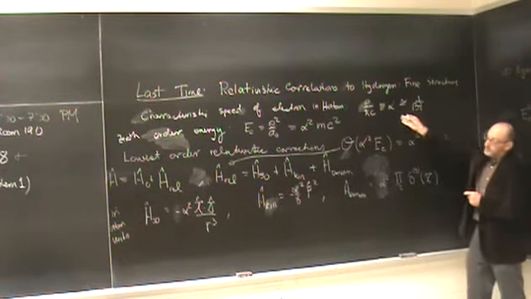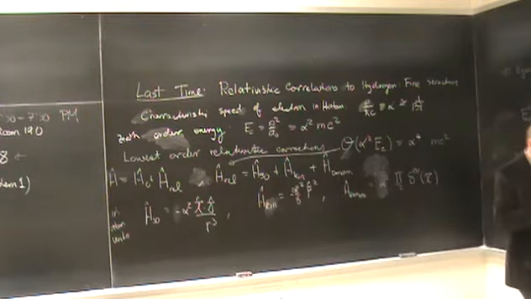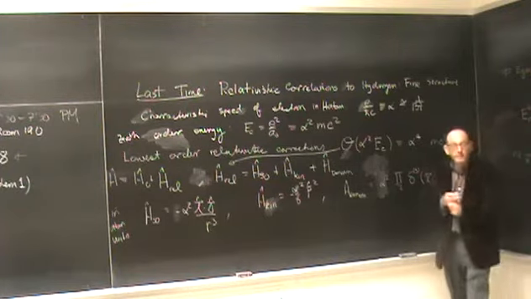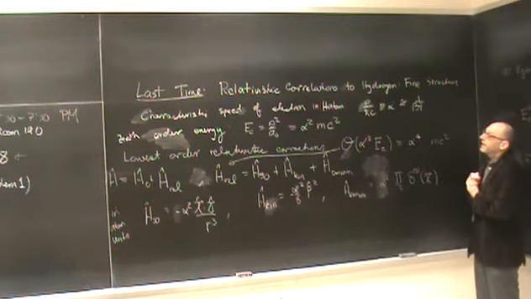Those relativistic effects are there because the electron is moving not too small compared to the speed of light. It's small, but it's not that small. And so there will be corrections.